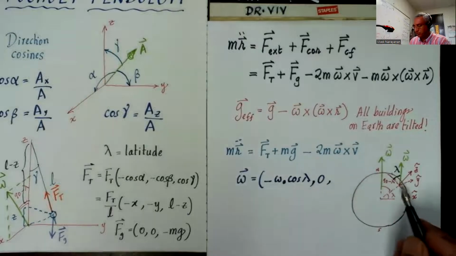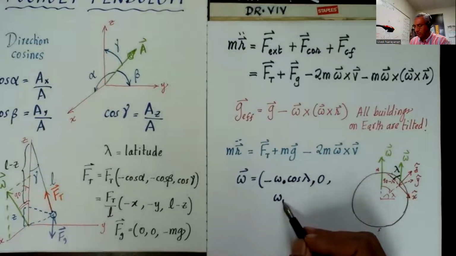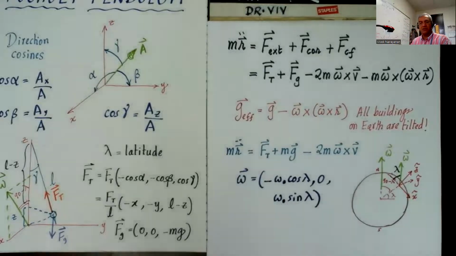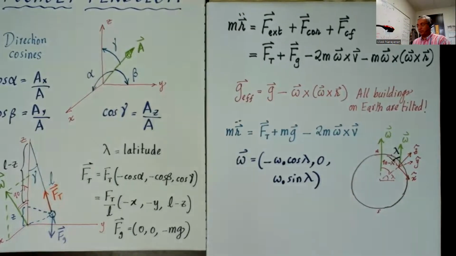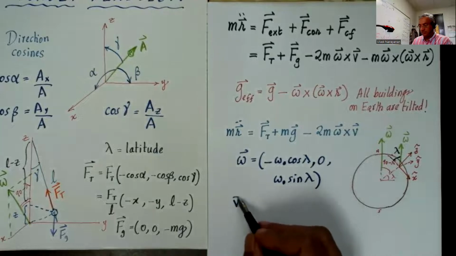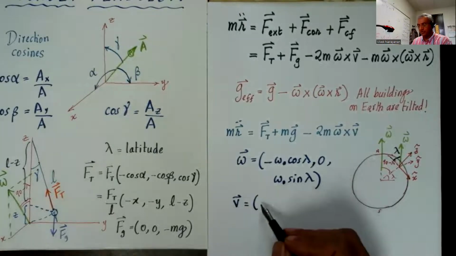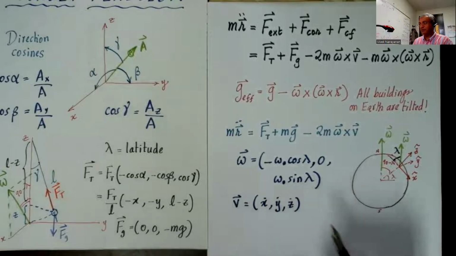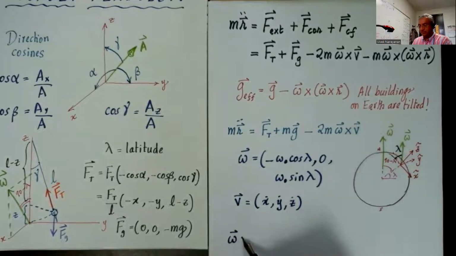And the z component is omega naught sine lambda. So that's our omega vector. Finally, the velocity vector of the pendulum bob, well, we don't know what it is, so we'll just call it x dot, y dot, z dot, where dot denotes time derivatives. Now we have to compute omega cross v. Let's do that next.